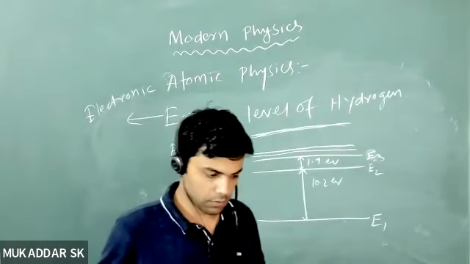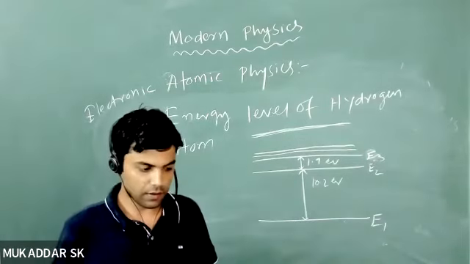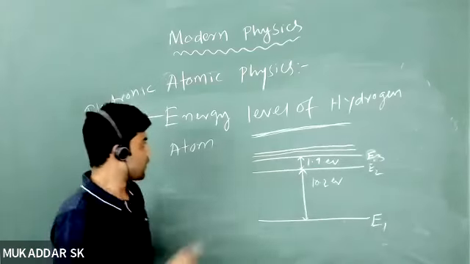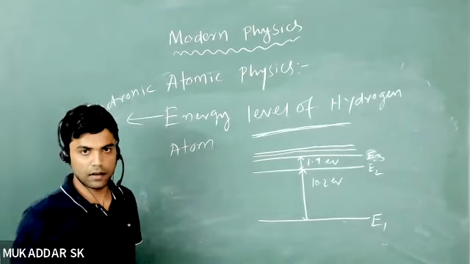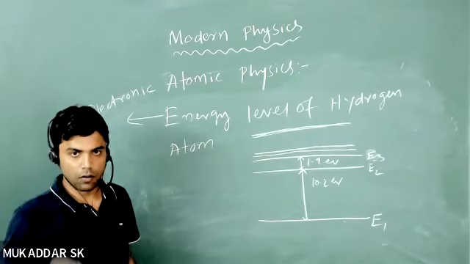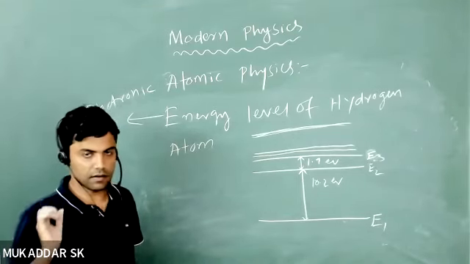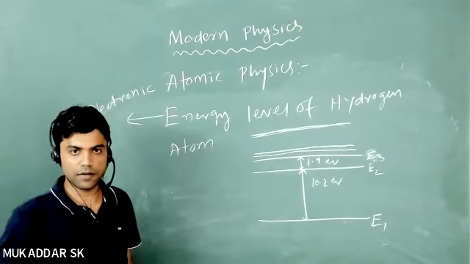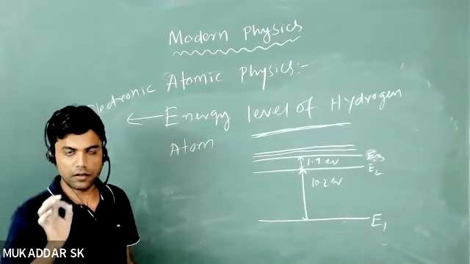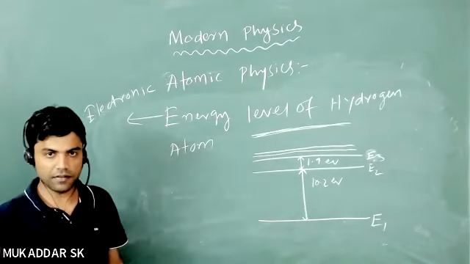So today was the introductory class. We have learned that the radius of the electronic orbit is discrete in nature and they are widely separated. Also speed is discrete in nature and that speed is very high, of the order of 10⁶ meter per second. That's why that electron is treated as a relativistic electron.